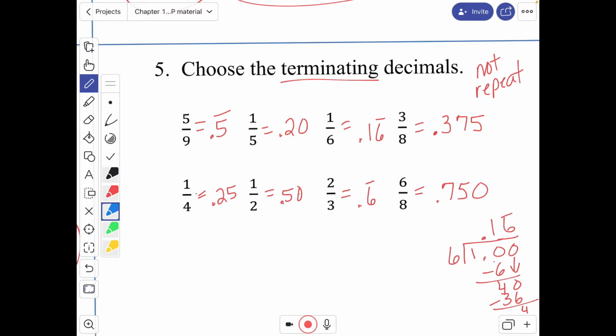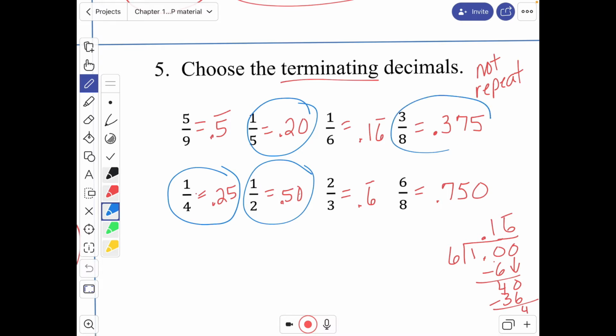Which ones ended? It would be 1/4, 1/5, 1/2, and the eighths. Those are all terminating. So look at what's left. 3 is repeating, 6 is repeating, 9 is repeating. Those are multiples of 3. I wonder if there's a pattern.